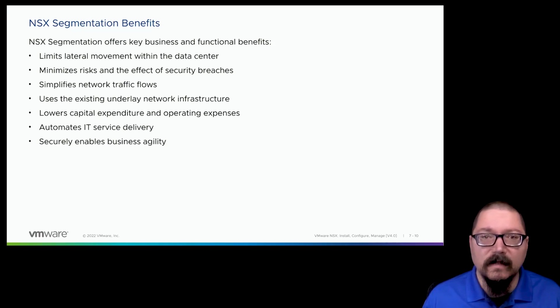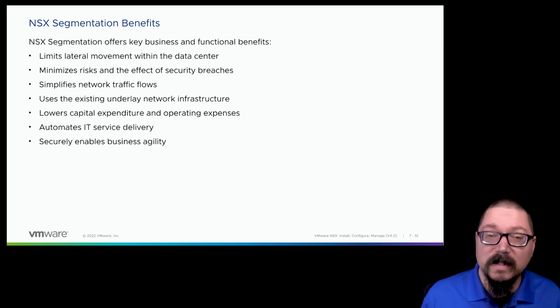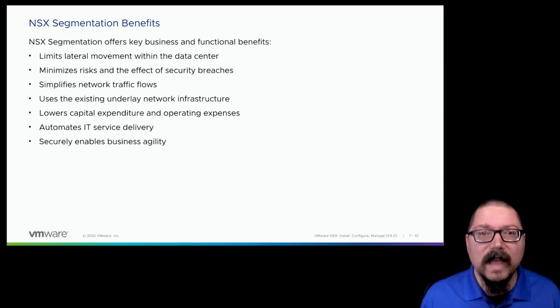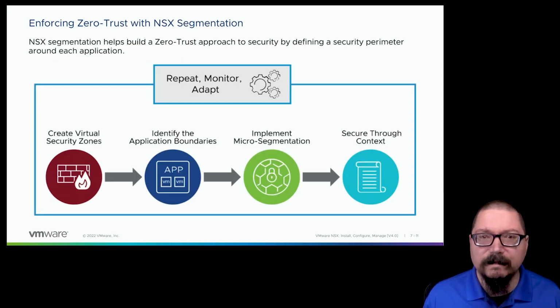Business agility, the fact that this is all automated and programmatically derived, and my segmentation policies can be built with a cloud management platform, or I can use dynamic groups, and automatically when a virtual machine is deployed, it automatically gets included into a set of groups, which means it's automatically protected. There are all kinds of reasons we want to do segmentation with NSX, right?